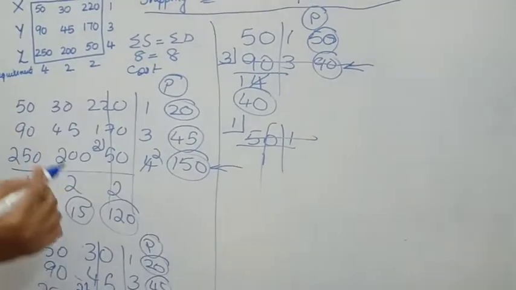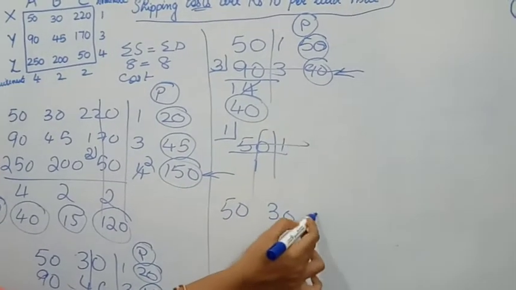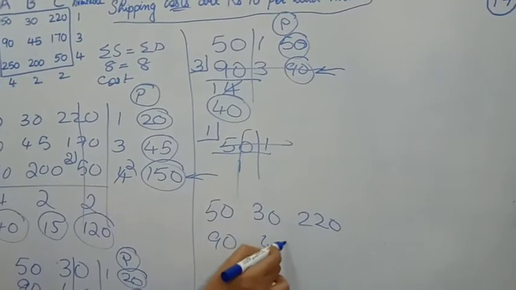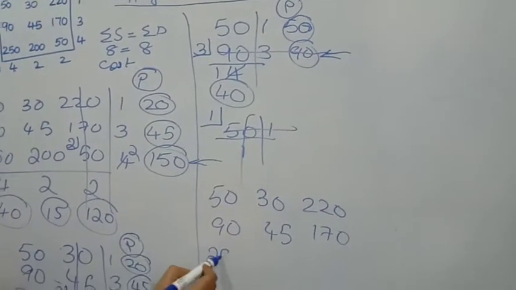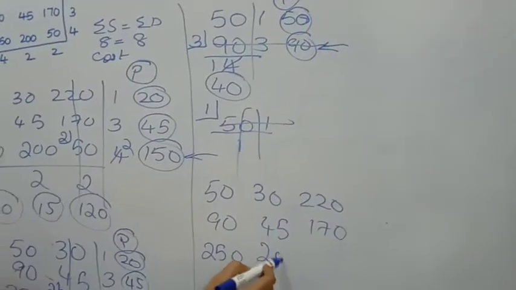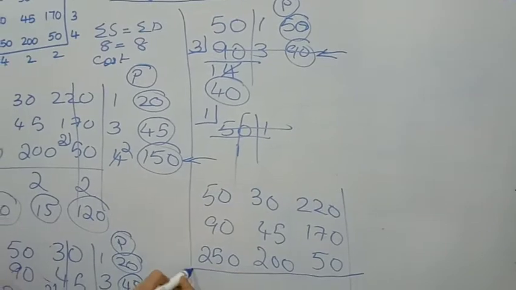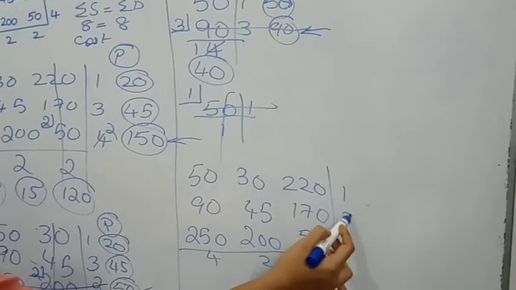And we are going to substitute here, like in the question: 50, 30, 220, 90, 45 and 170, 250, 200 and 50. Supply and demand: 4, 2, 2, 1, 3, 4.